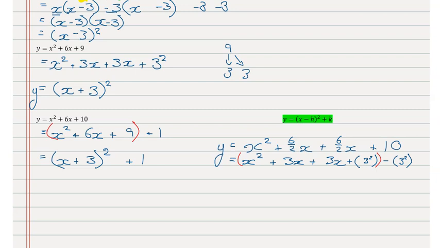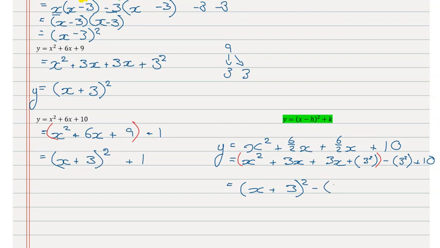And finishing it all off, I've got to drop the 10 down there. Now, notice in the red parentheses, we've dealt with this before. We know in here this is a perfect square, so we can rewrite it as such. It will become x plus 3 all squared. And then we've got to deal with this negative 3 squared.